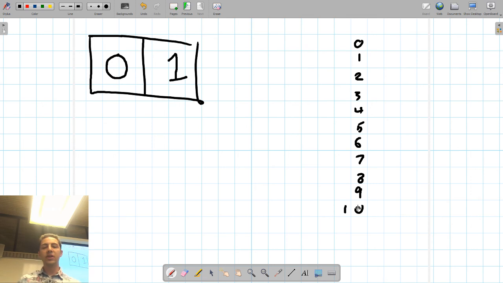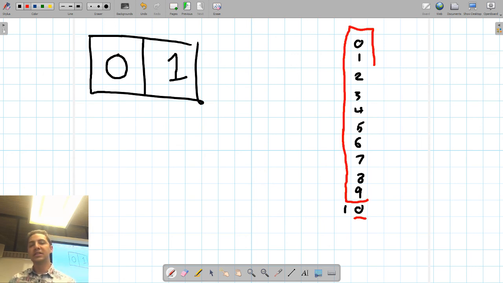And in fact, we start reusing digits at this point. We've reused the digit 0. So we have in the decimal system 10 digits. And when we exhaust those digits, we add another place.